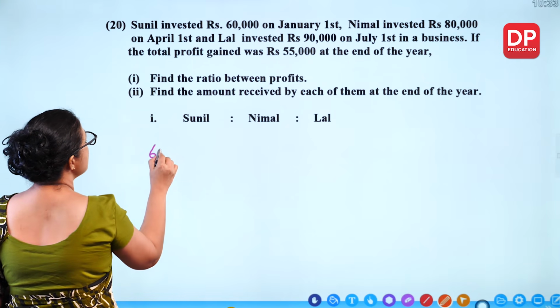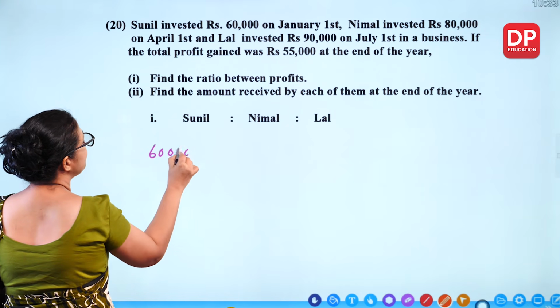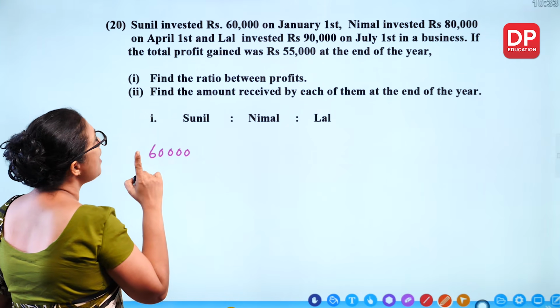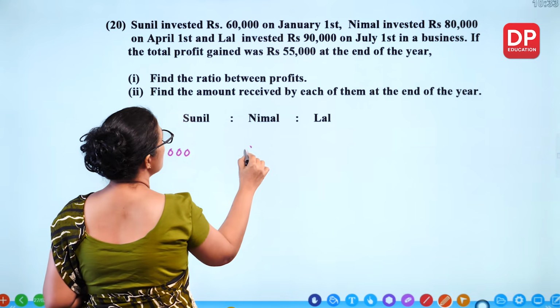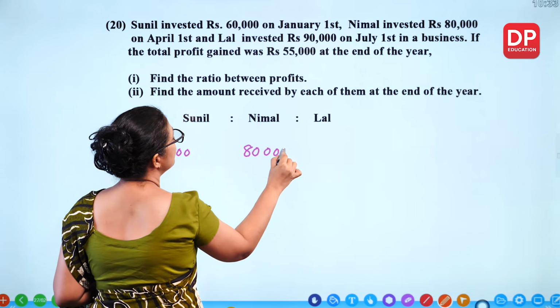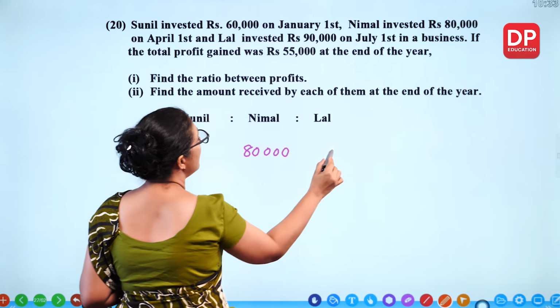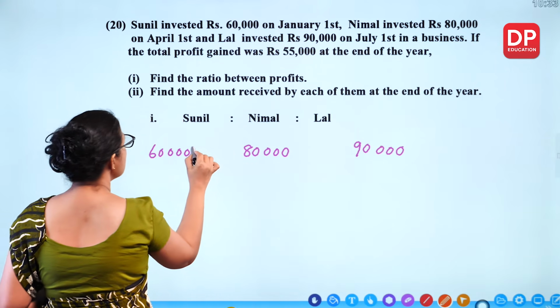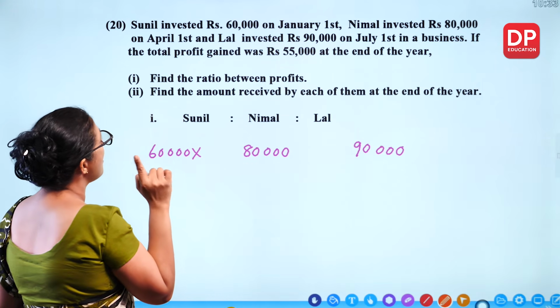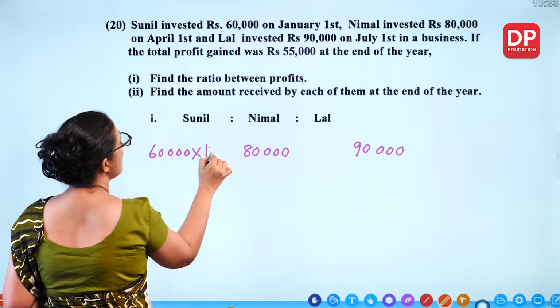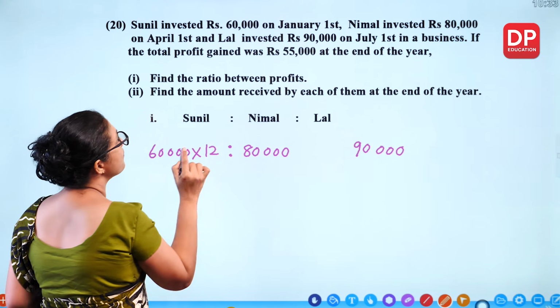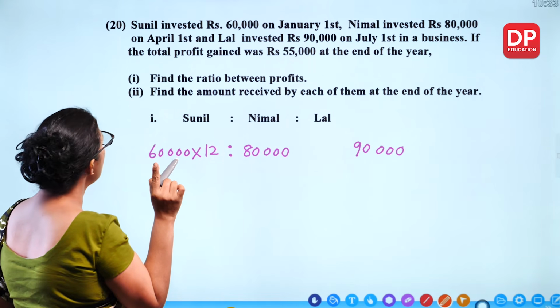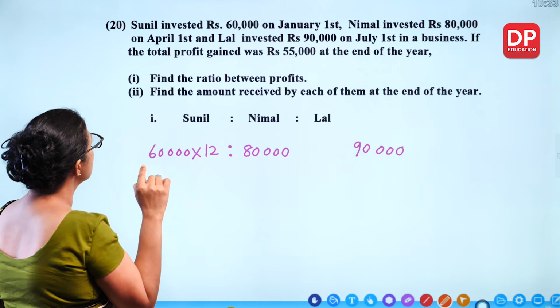Sunil invested 60,000 rupees. Nimal, 80,000 rupees. And Lal 90,000 rupees. Now we'll consider time. January 1st means 12 months for Sunil. Then Nimal, April 1st.